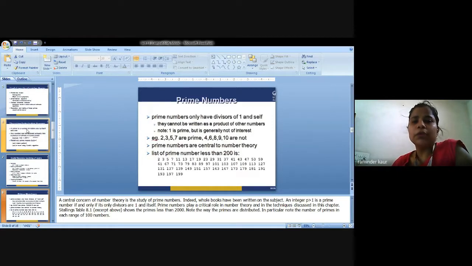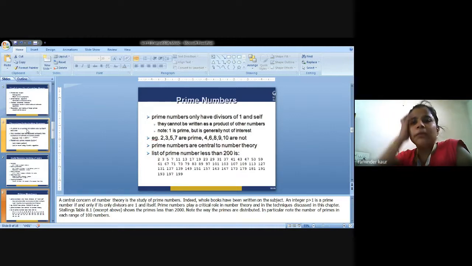For example, 2, 3, 5, 7 are prime; 4, 6, 8, 9 are not. 4 is 2 into 2, again factorization is there. 6 is 2 into 3, 8 is 2 into 2 into 2, 9 is 3 into 3, 10 is 5 into 2. So these are not prime numbers.